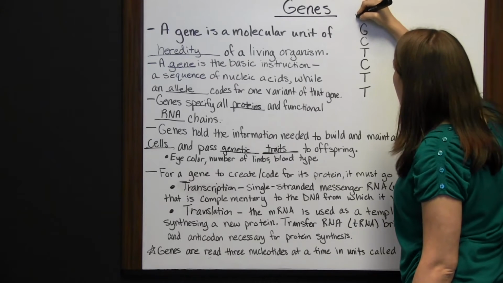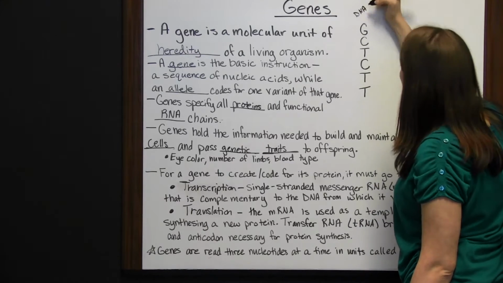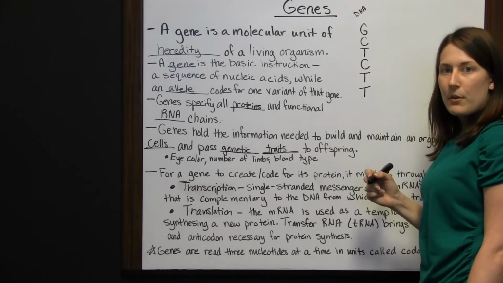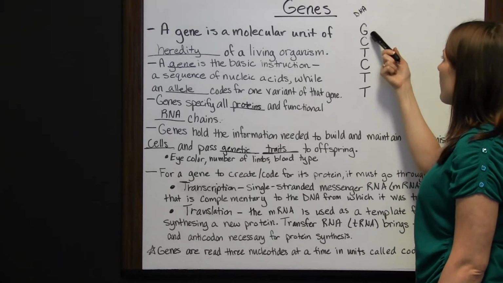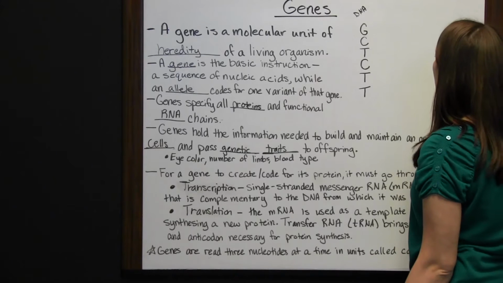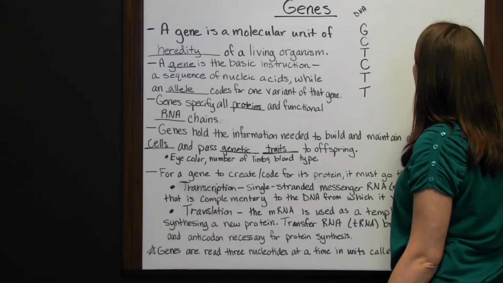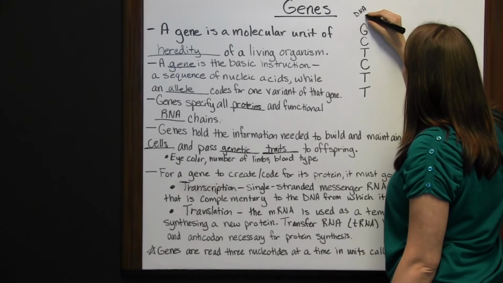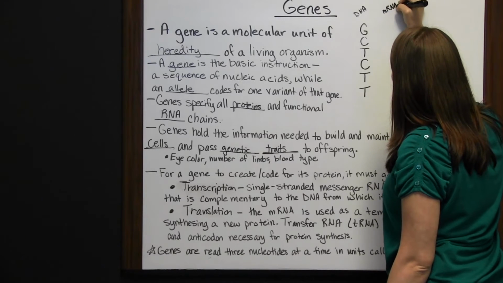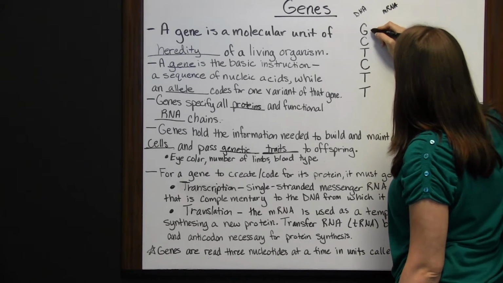Let's pretend this gene sequence came from a strand of DNA. And remember, your bases are adenine, guanine, cytosine, and thymine. So we are going to say it's going to change from DNA to the messenger RNA. So we're transcribing here.